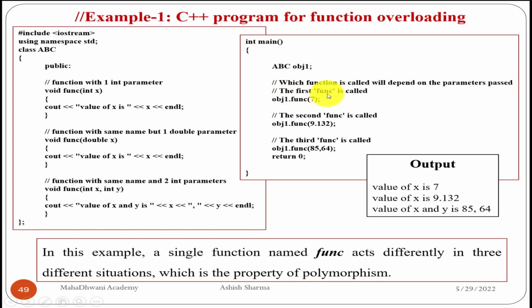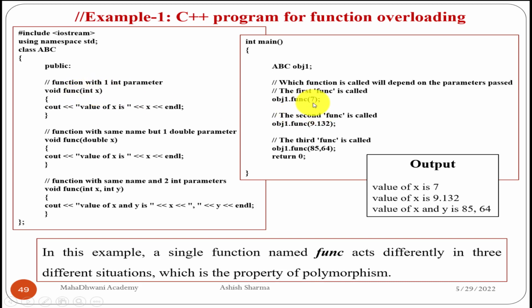The first func is called. So you see here we just create object 1. Now with the help of object 1 we call the function, passing an integer type value to it as an argument. This will directly call the first function, because the parameter of this function definition is integer type.